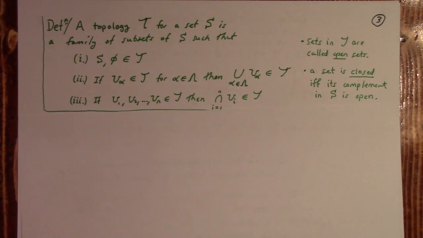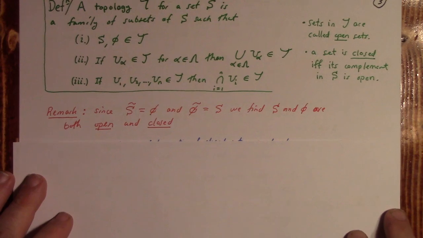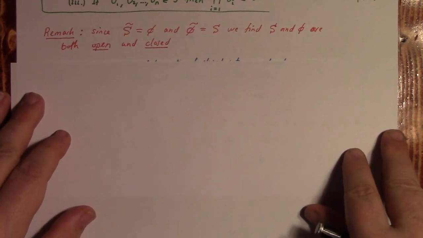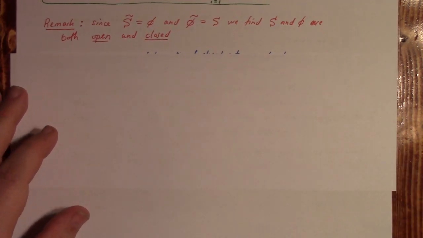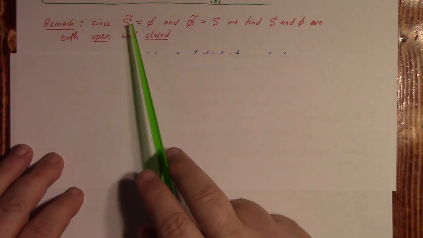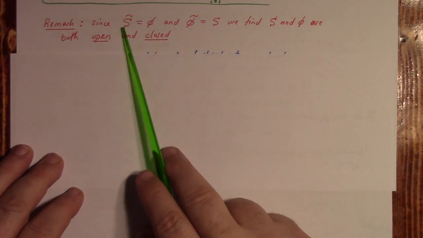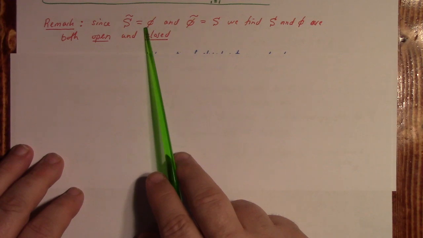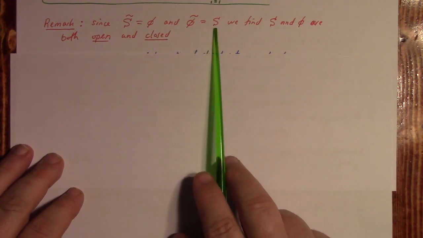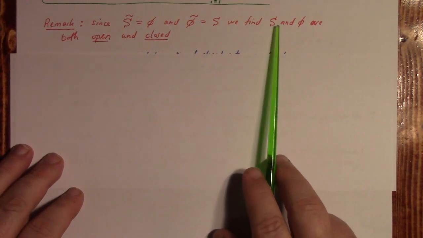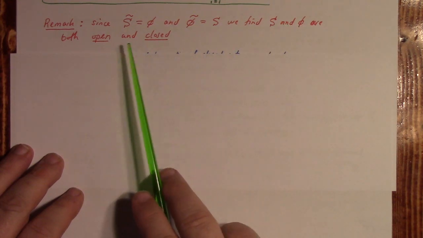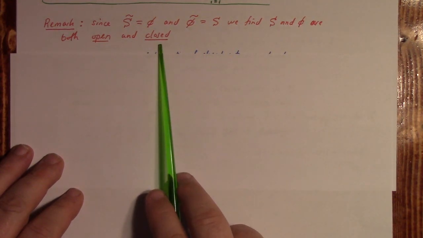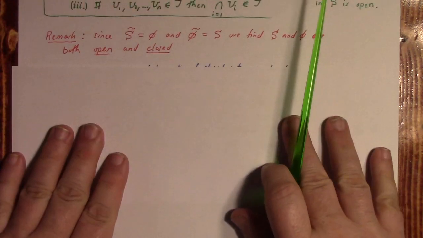All right, and let's talk a little bit more about it here. Since the complement of everything is the empty set, and since the complement of the empty set is everything, we find that the whole set and the empty set are both open and closed, because they have to be in the topology by assumption, right?